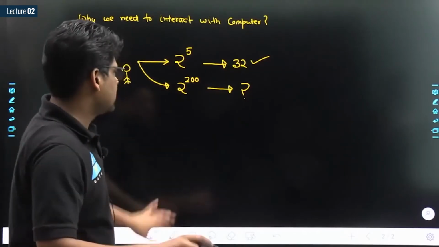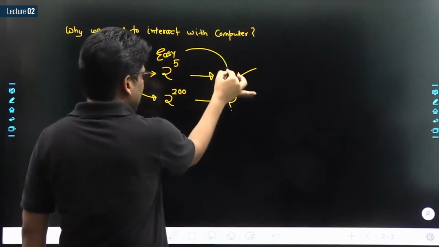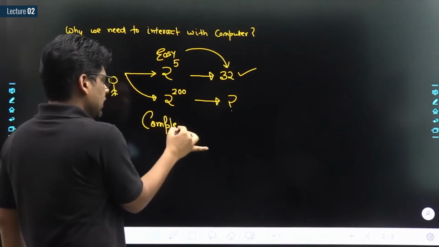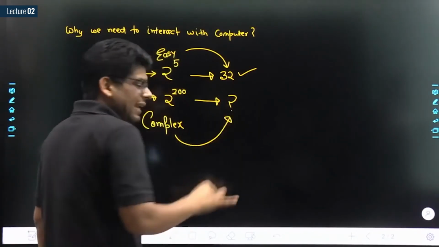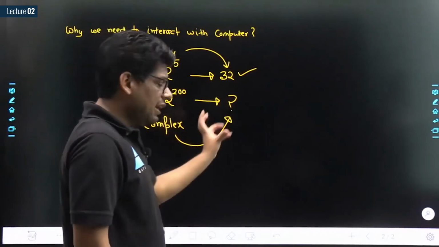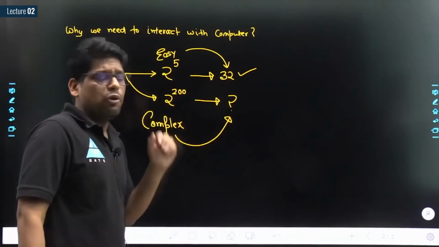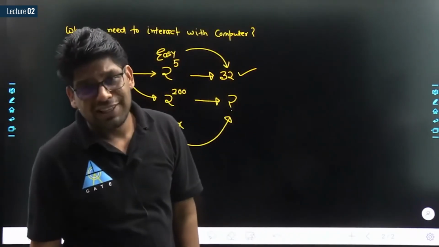That means for easy problems we can answer, but for complex problems like this, we take help from machines.